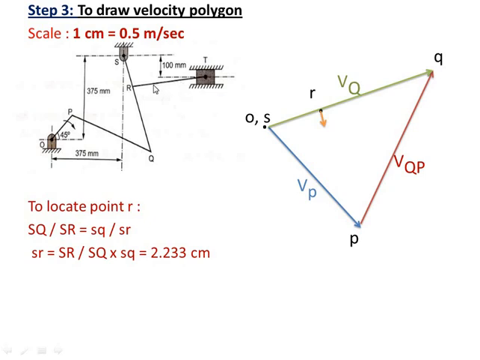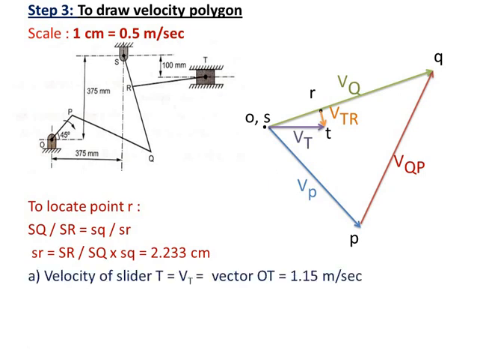Then T is on RT, but T is also a slider. For a slider, the velocity vector is parallel to the motion of the slider. The motion of the slider is horizontal, with respect to the fixed link. So from the fixed link, that is from point O, in a horizontal direction, we will draw the velocity vector of the slider, and the intersection of these two will give you point T. This is the velocity vector of TR and this is the velocity vector VT.